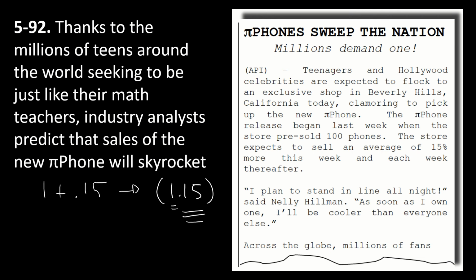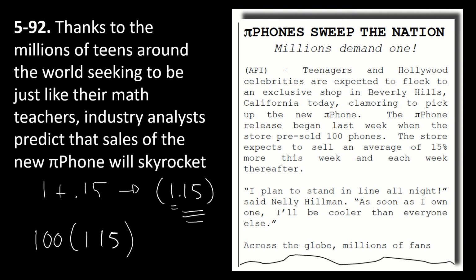So if I started out with 100 Pi phones for my pre-sale, I could say I've sold 100, and then I'm going to be multiplying by 1.15. I want to put a decimal there.